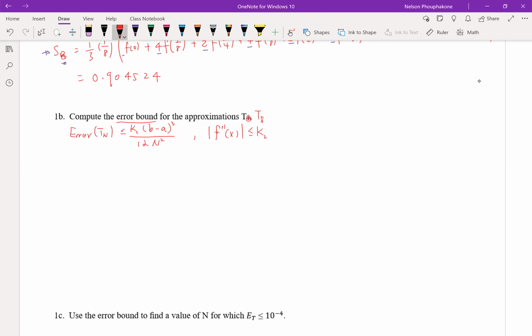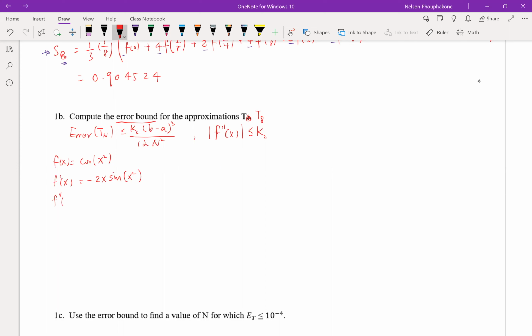So we need to work with the second derivative now. So we have f of x equal to cosine of x squared. Then f prime of x is negative 2x sine of x squared, chain rule, right?